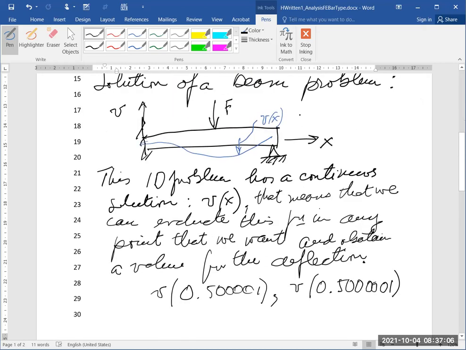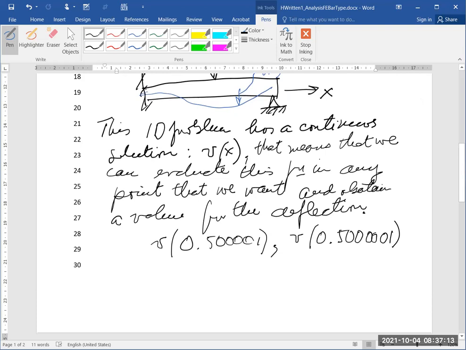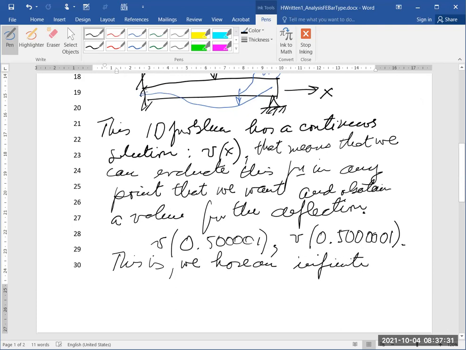What else? This function is continuous. That means we have an infinite number of values of V.